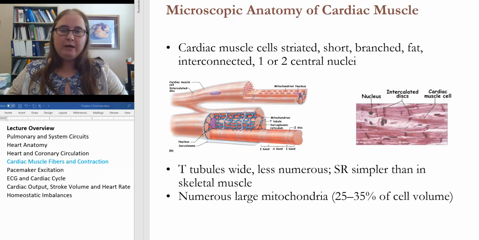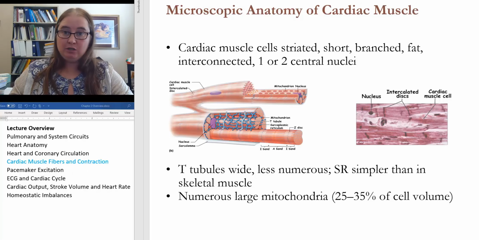So, when we look at cardiac tissue under a microscope, if you remember back to A&P 1, and you went back to one of your favorite chapters, histology, you may have remembered that when we looked at our muscle, whether it be skeletal muscle, cardiac muscle, or smooth muscle, two of those tissues were striated, right?